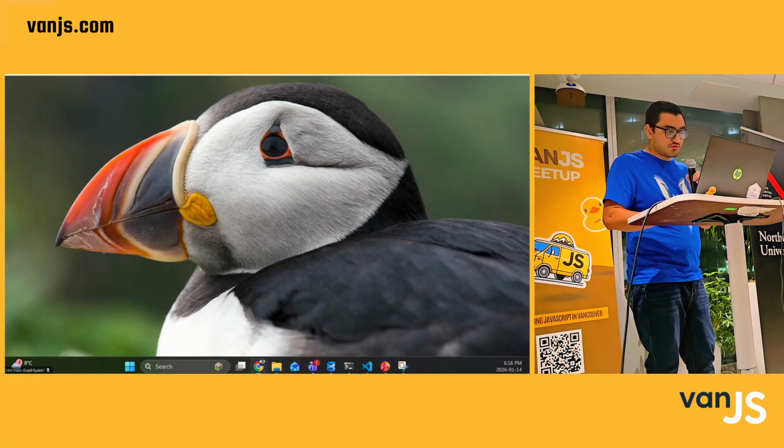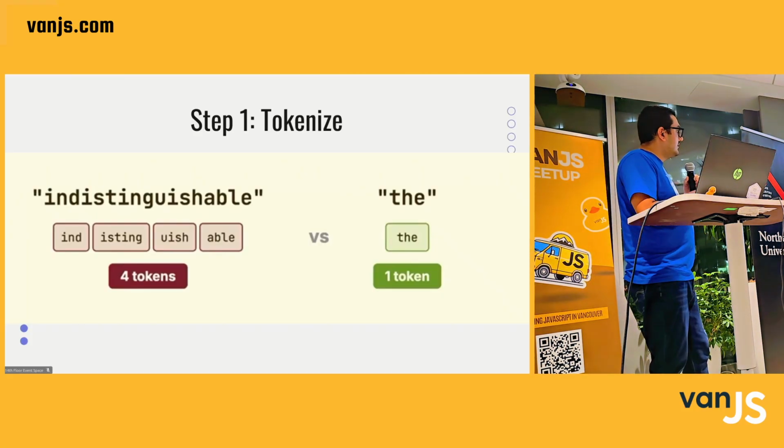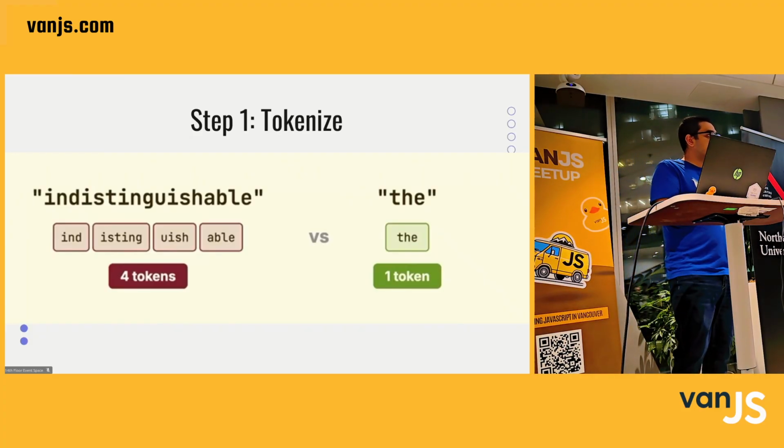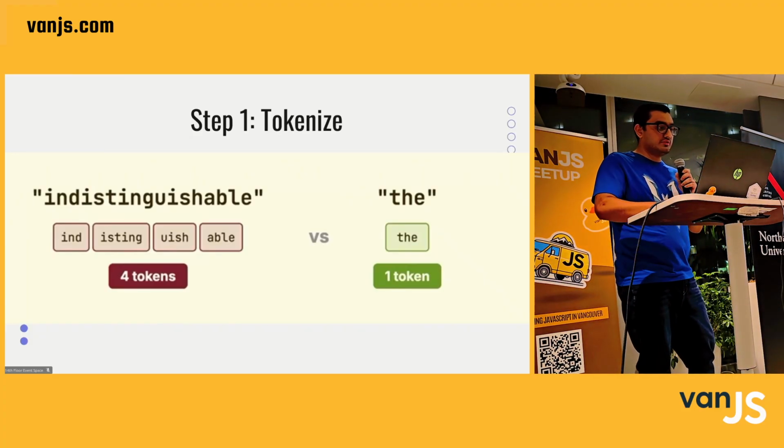Let's actually try to do that real quick. You can look up tokenize OpenAI, and it's going to tell you all the tokens that it creates for a word or a sentence.